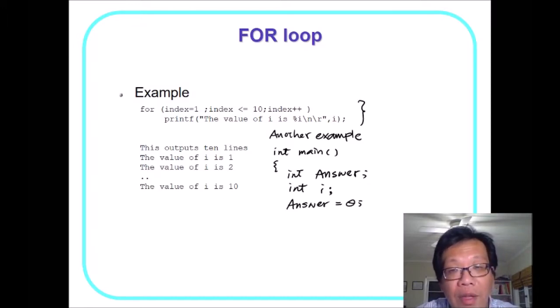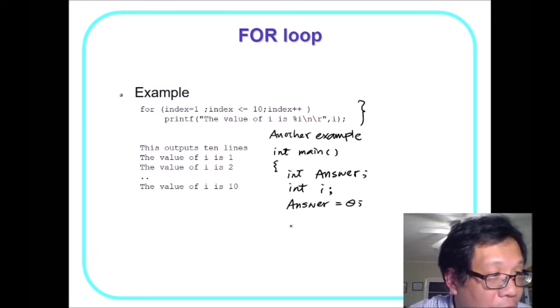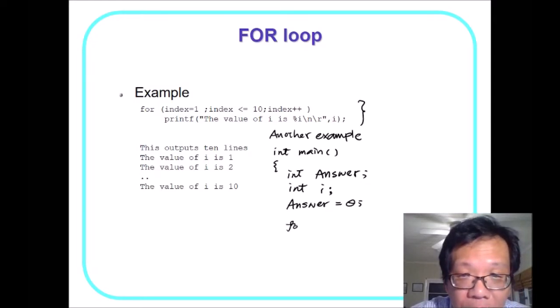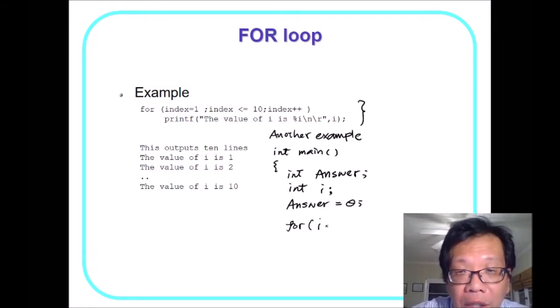So every time you want to use a variable, be sure you initialize it and put 0 in the very beginning so that we know it starts from 0. The reason I'm doing that is because I want to do a for loop: for i equals 1.